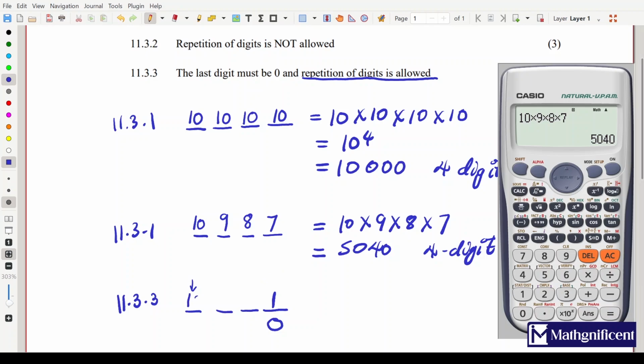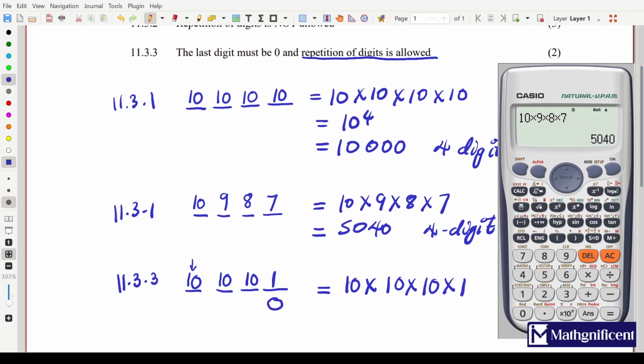And to choose the second digit here, we still have 10 choices, because the digits are allowed to repeat. So this is the same thing as saying that we have 10 times 10 times 10 times 1, so these can be done in 10 times 10 times 10 times 1 number of ways, right?